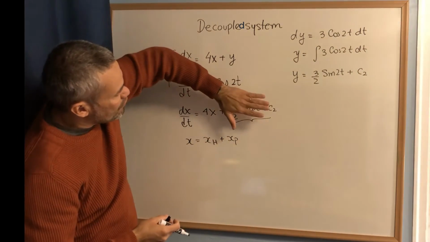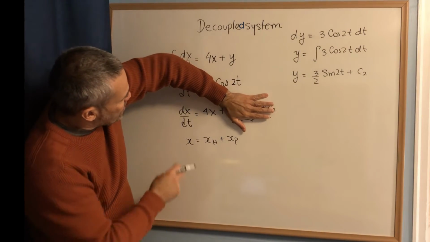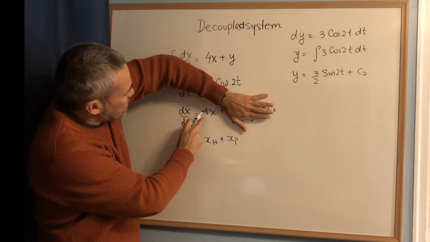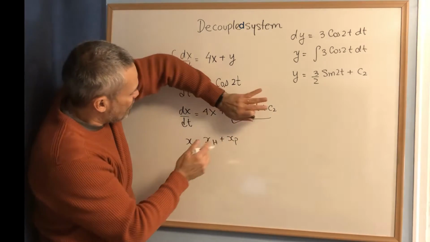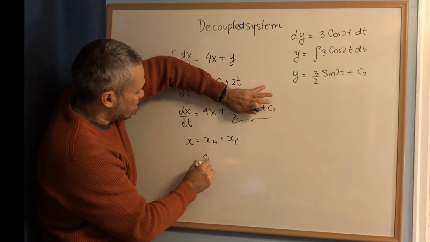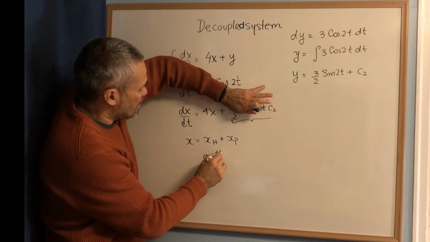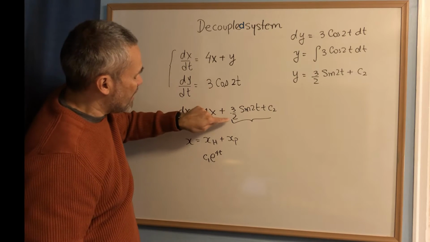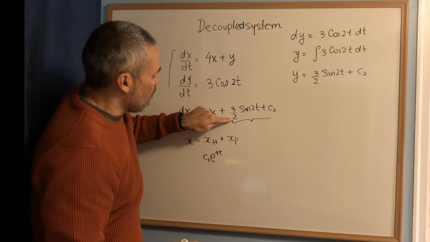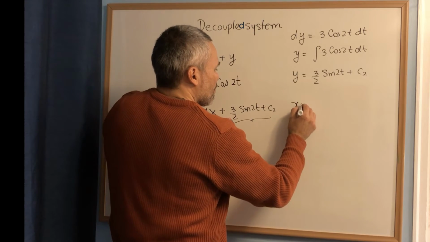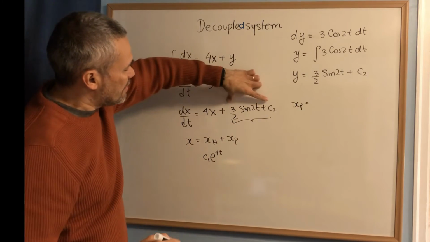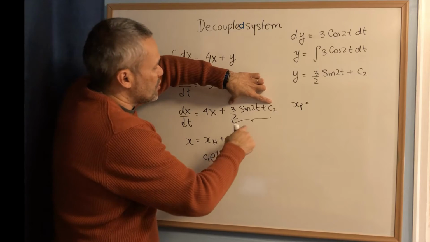To find the solution of the homogeneous, we make this equal 0. We end up with dx/dt equals 4x, and the solution for dx/dt equals 4x is c1 e to the 4t. And to find the particular solution, we look for something of the same form as the non-homogeneous.